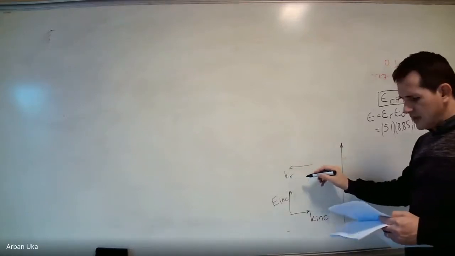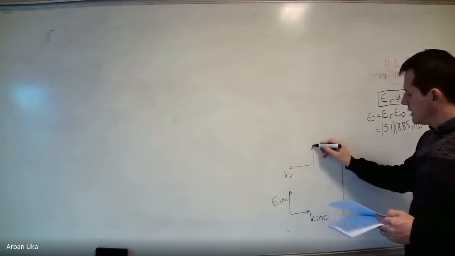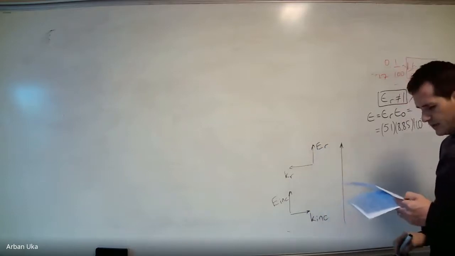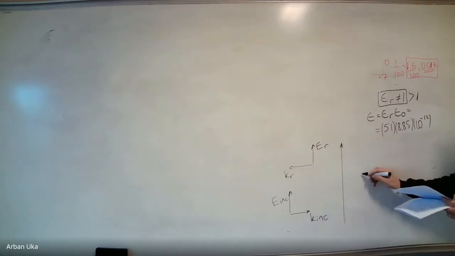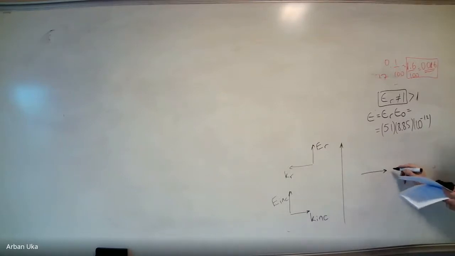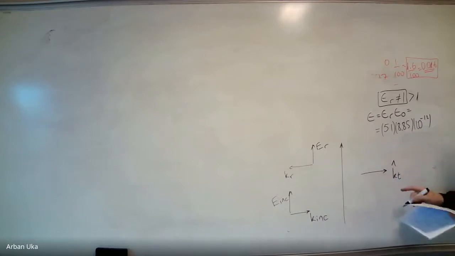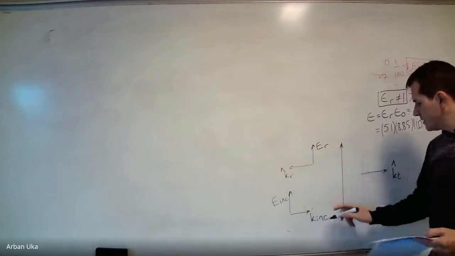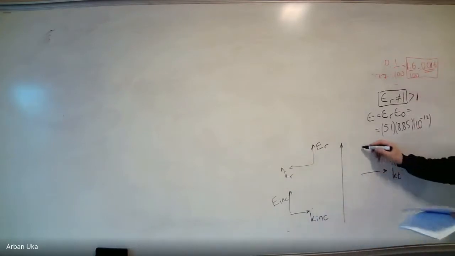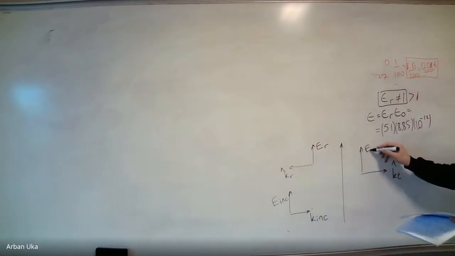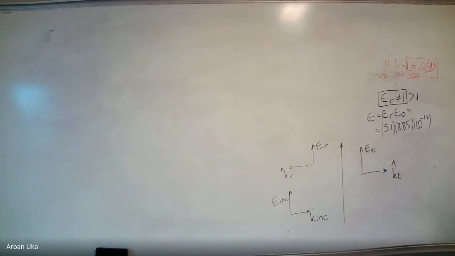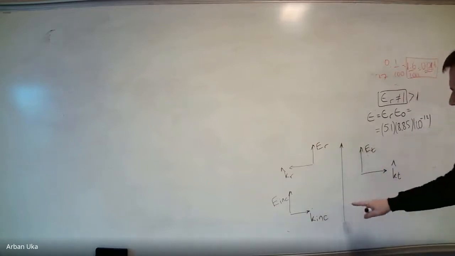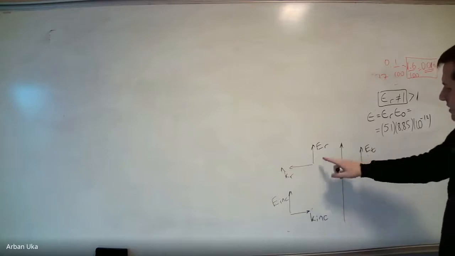This is Kr. This is the Er. Okay. And then we have also some transmitted wave component, which is Kt. Transmitted. This is K reflected, this is the K incident, then this is going this way, and let's write here the ET. Okay, so the first thing that we have to consider is this one, incident wave, transmitted, reflected.